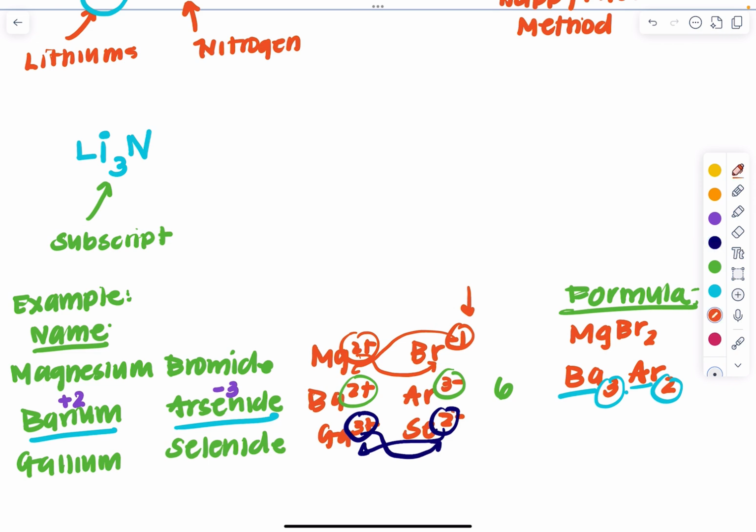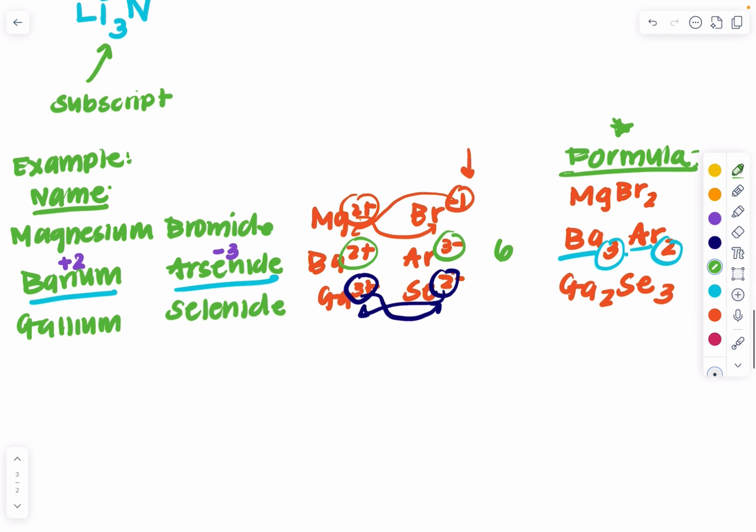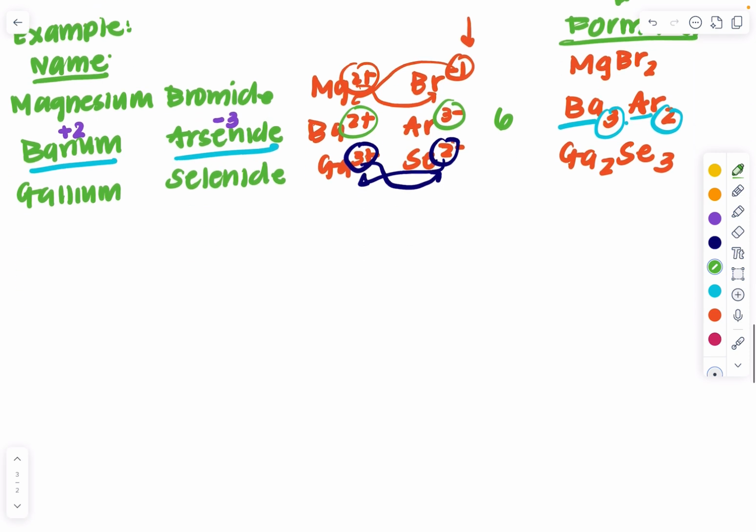That gives us Ga2Se3. Again, formulas are just the element symbol with the subscript if there's one necessary, and the name is just the cation first, then the anion, where we change the ending to ide.